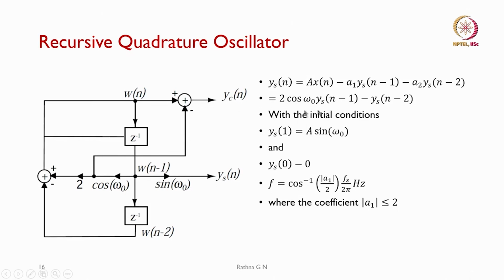With the initial conditions ys of 1 is equal to a sin omega naught and ys of 0 is equal to 0, I can calculate the frequency as cos inverse of magnitude of a1 by 2 into fs by 2 pi, in terms of hertz. This is the frequency I will be generating, where the coefficient magnitude of a1 should be less than or equal to 2, which we got in our triangular representation.